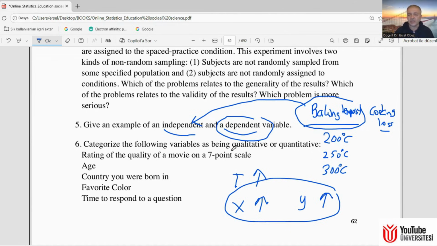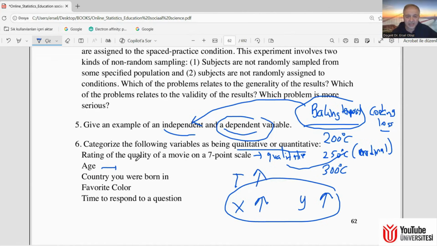Categorize the following variables as being qualitative or quantitative. Qualitative means it is about the quality, the attributes. Quantitative means it's about numbers. So rating of the quality of a movie on a 7-point scale, basically this is going to be qualitative, even though we give points, right? We may even call this an ordinal scale, a 7-point scale, but that's just the level.